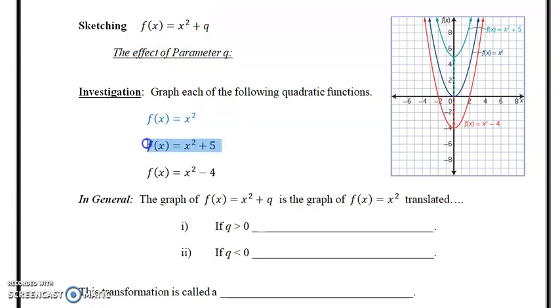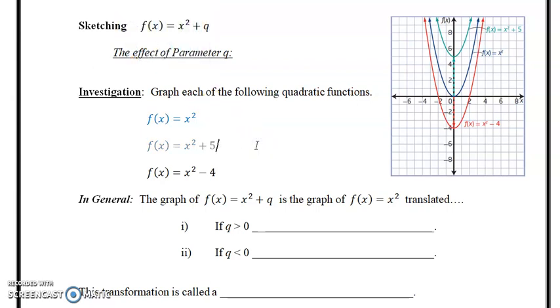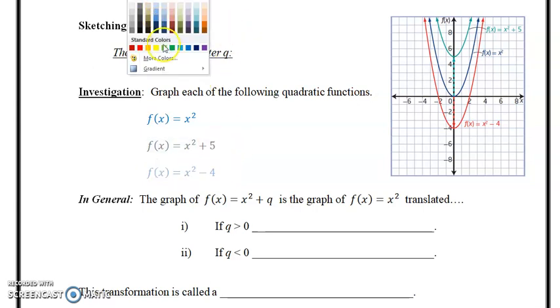Then we have the second graph, a little bit above, which I'll do in gray. And the last one there is red, so we'll color that one in red.